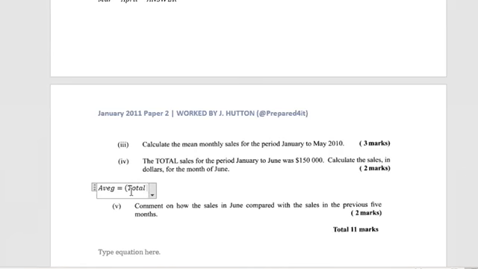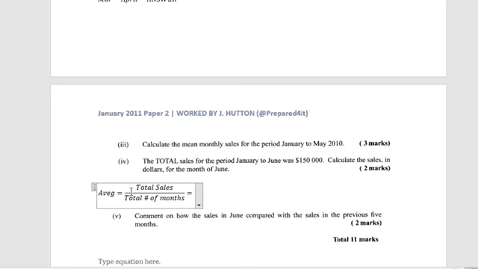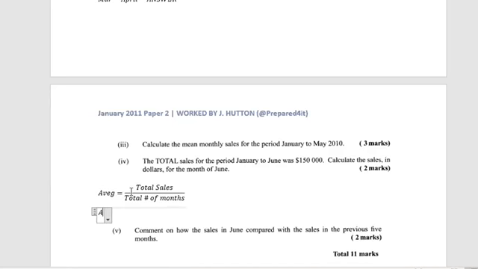So basically it is the total sales divided by the total number of months. So the total sales will be 38,000.